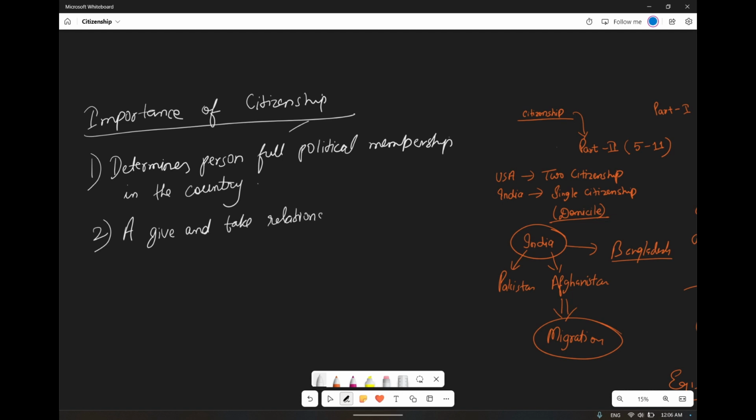So if this topic comes, a give and take relationship between the individual and the state, it is nothing but a give and take relation, that there is something that the country has promised to give you and there is something that you have promised to give, and if you abide by that, then you will enjoy the citizenship of the country.